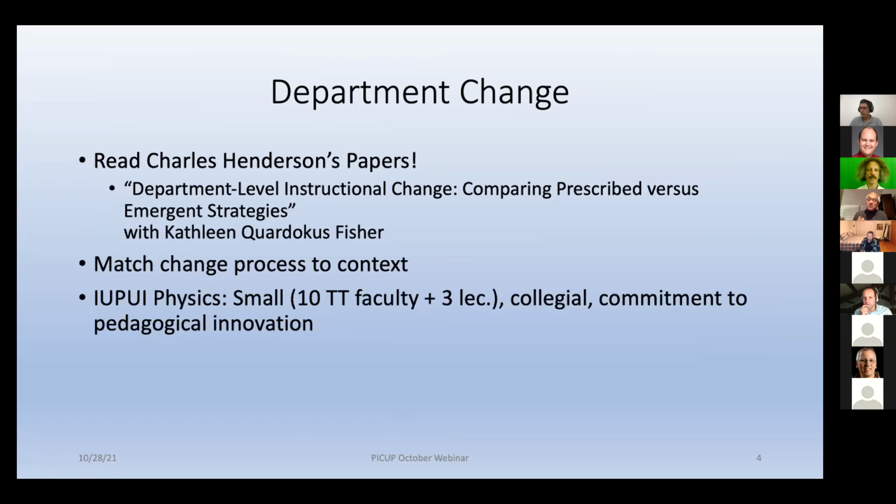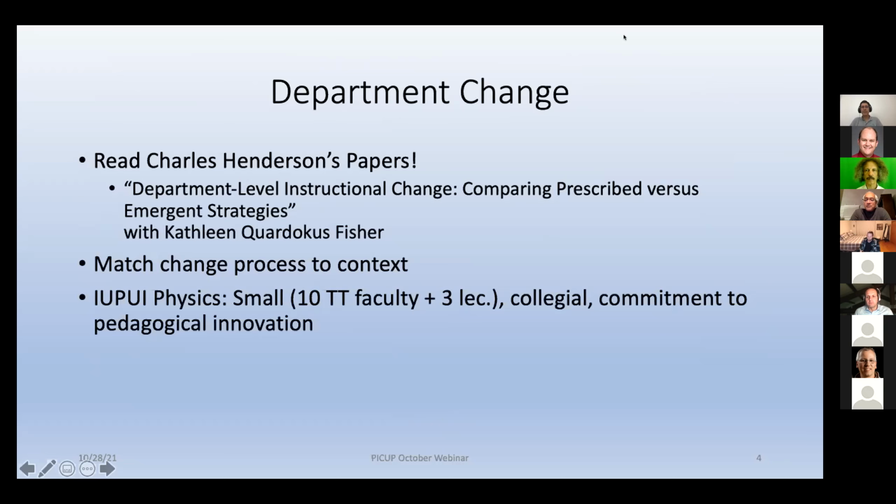So there needs to be some sort of a shift in how the department approaches its curriculum and its teaching. Now there's quite a bit of literature on department change. So we went through some of it. We understood that there's no one size fits all formula for this, and we have to see what our local context is and what it is that we can do.